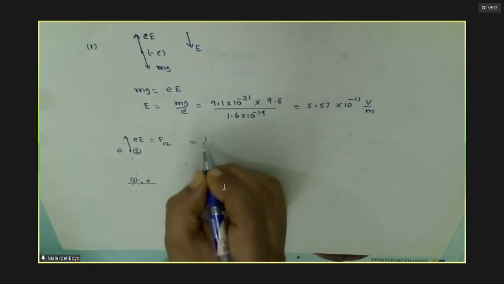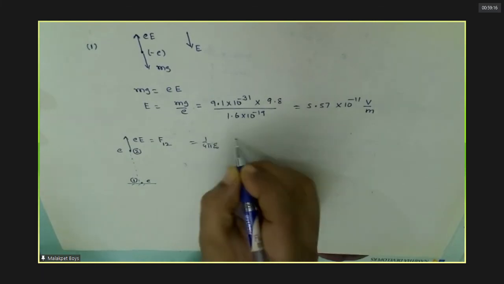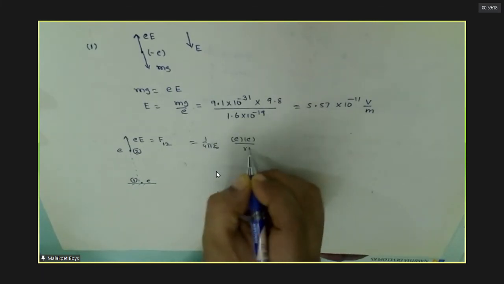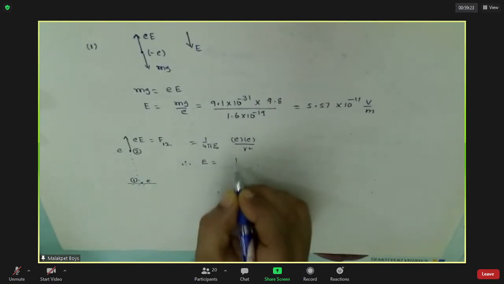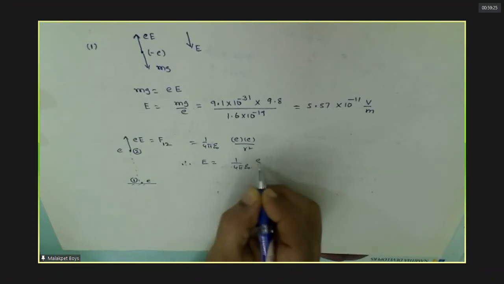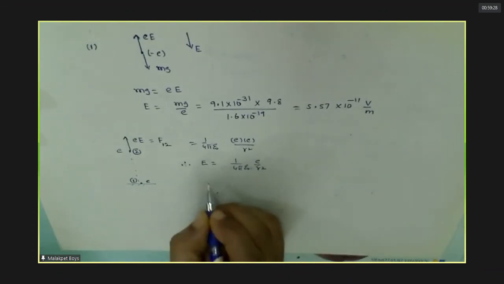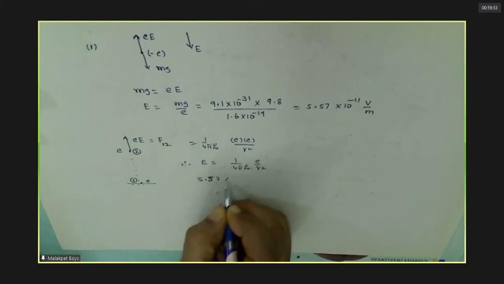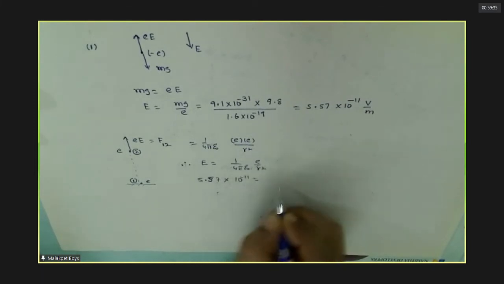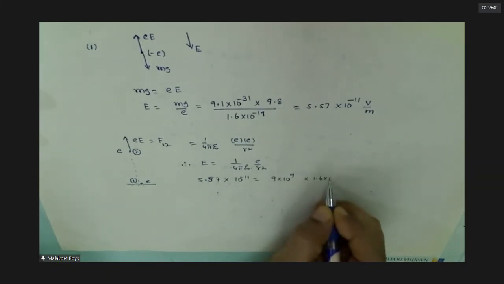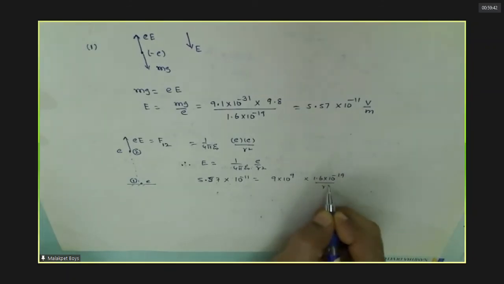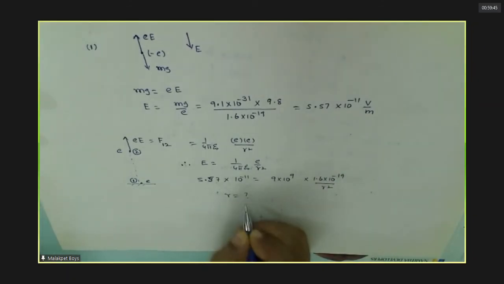So this is nothing but E into E by R square. Do they agree with this? Understood this or not? Understood, sir. You will get R. That's what is asked, no? Nearly 5 meters you will get.